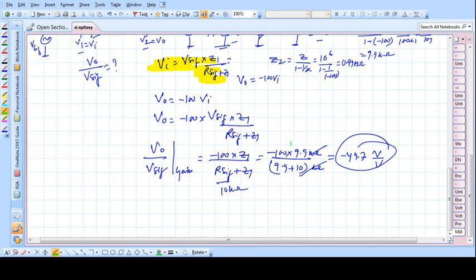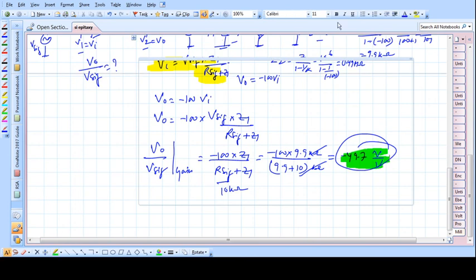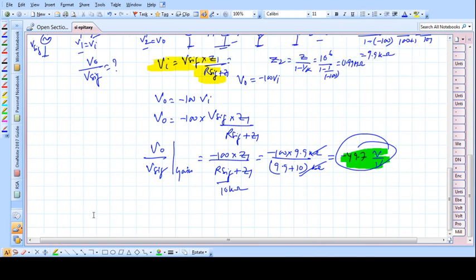Similarly, if there is a capacitor instead of this impedance, we can also find the value.